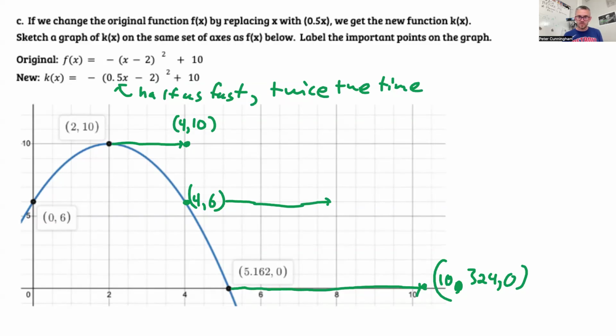So 8, 6. And another point right on here, which is 3, 9. We double the 3, we'd be at 6, same height.